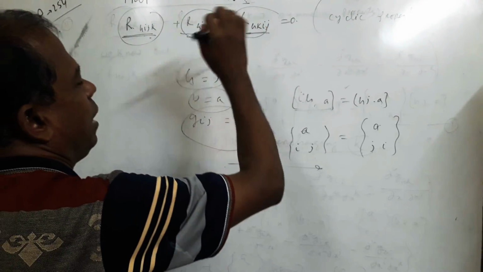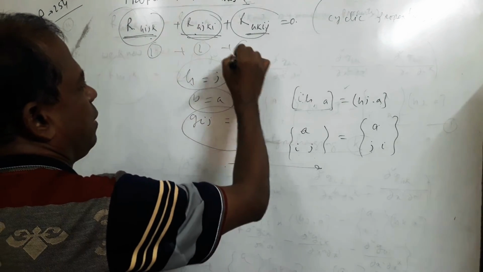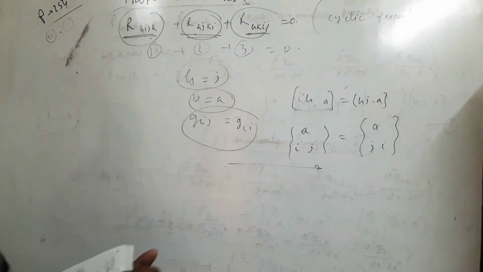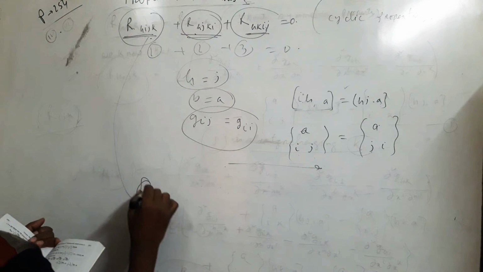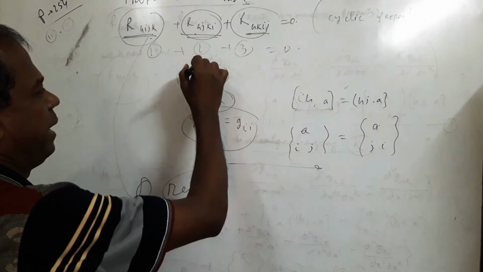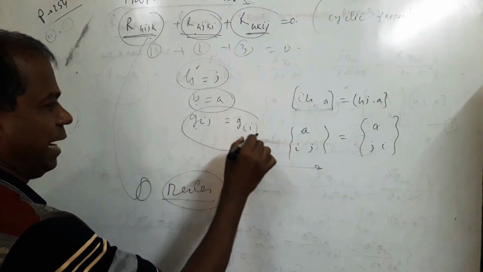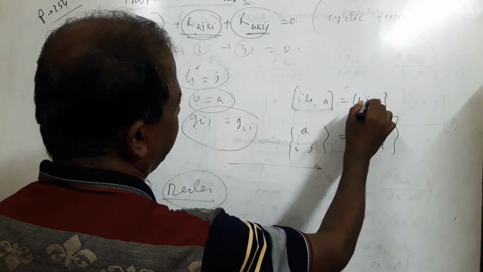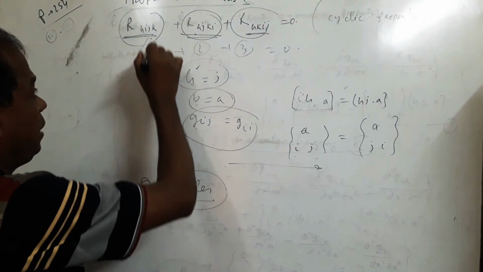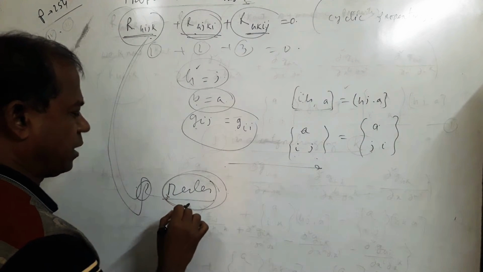Then all of the rules are applied, and equation 1 plus 2 plus 3, then the equation is proved. It's the easiest method, just for applying rules and changing.